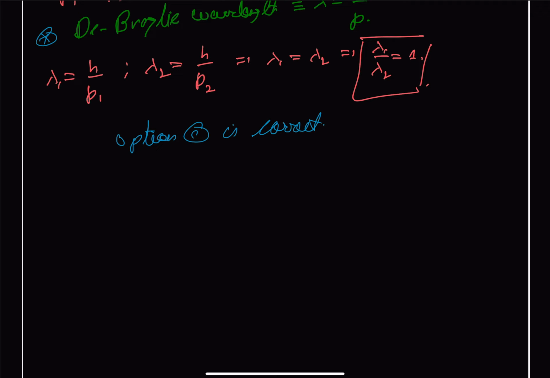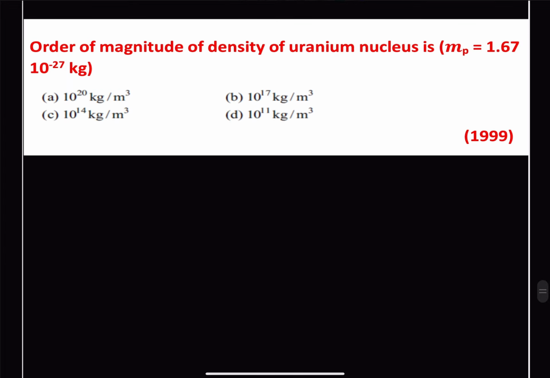Next question. We are given the order of magnitude of density of uranium nucleus. The mass of proton, MP, is 1.67 into 10 to the power minus 27 kg, and we have to find out the order.